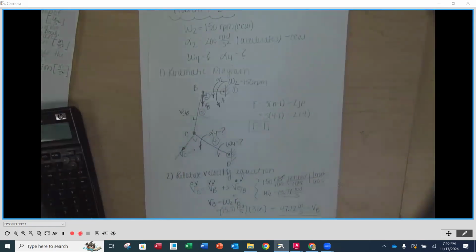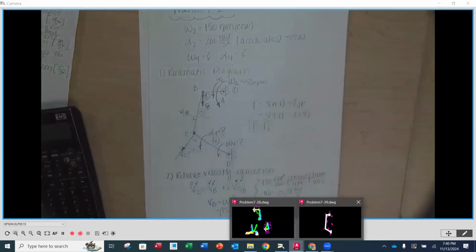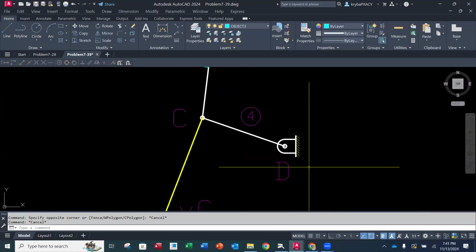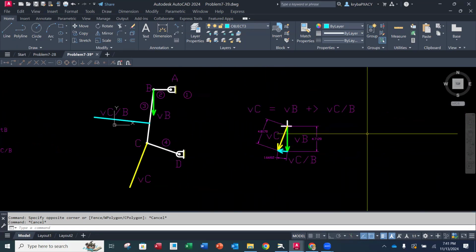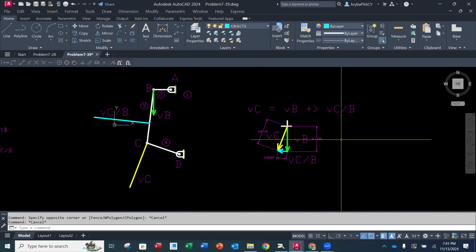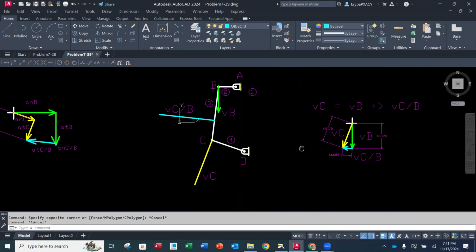Additionally, you're going to need your original kinematic diagram with all your labels. You're going to need your velocity vector diagram with labels and the equation.